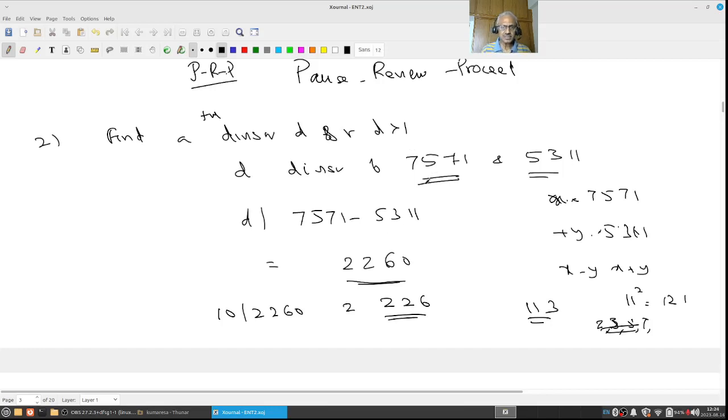The easiest thing is I look at a divisor of some smaller number. If D divides this, then D divides this. I am just trying to find a smaller factor. The smaller factor turns out to be 113. How did I do that? Again, it's a purely lucky hit. Please understand.